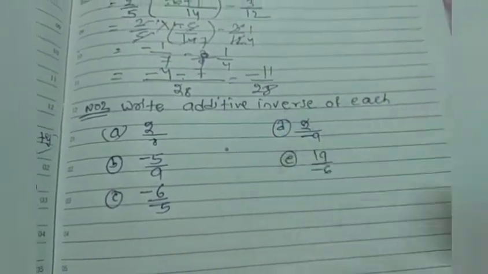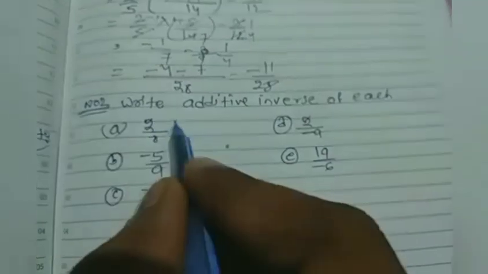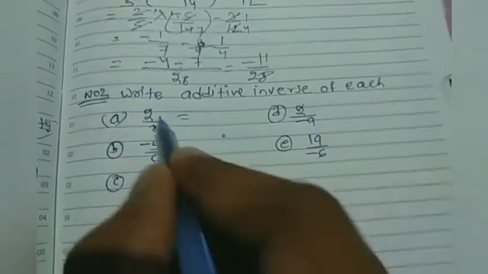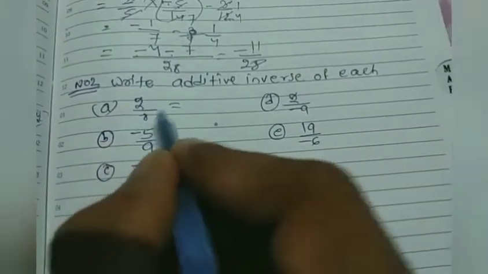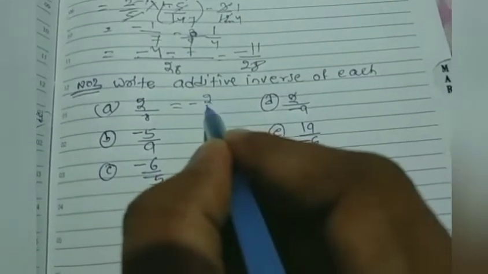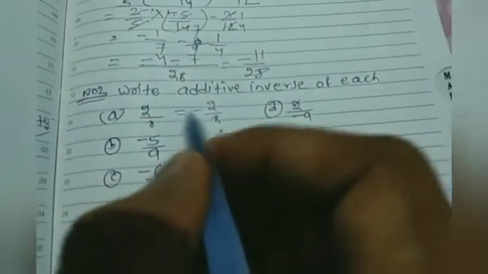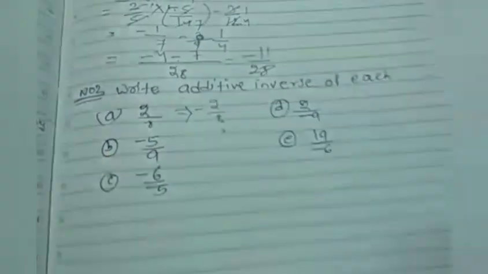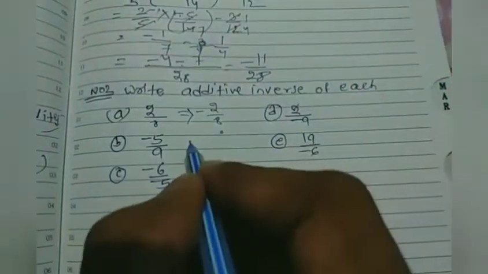So this is known as the additive inverse or negative of a number. We just change the sign, no need to worry. Here the sign is plus 2 by 8, it becomes minus 2 by 8. Means the additive inverse of 2 by 8 equals minus 2 by 8.